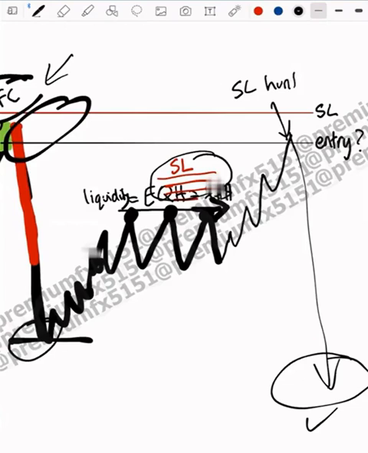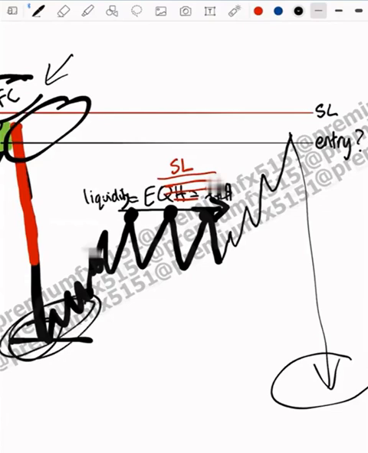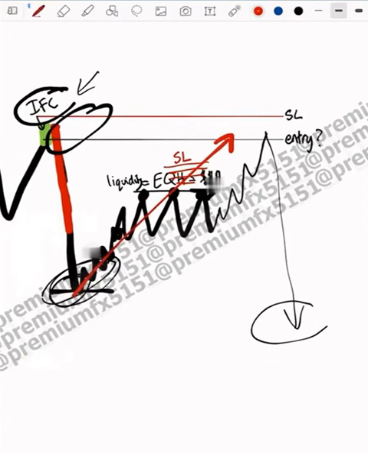But what can we see? We can see that from the get-go, the desired outcome was to bring price up over here to mitigate the IFC. So we can understand why that happened.